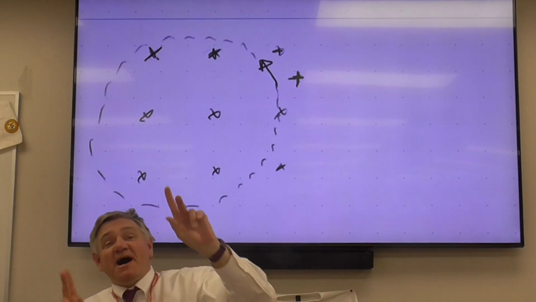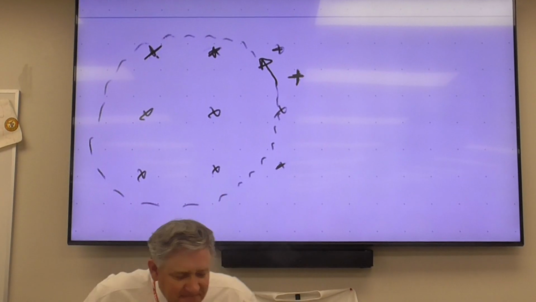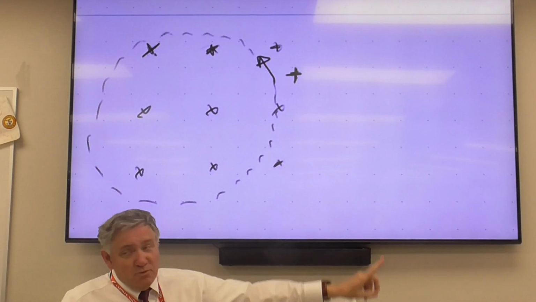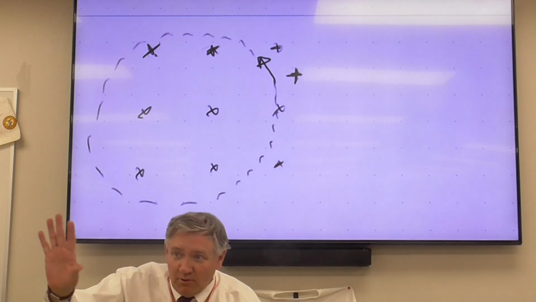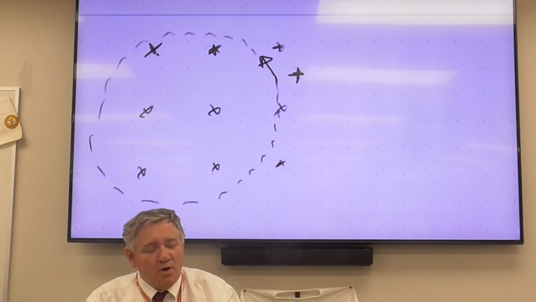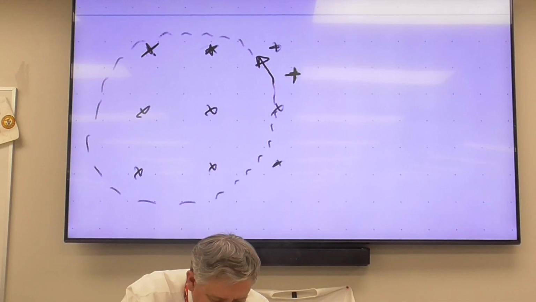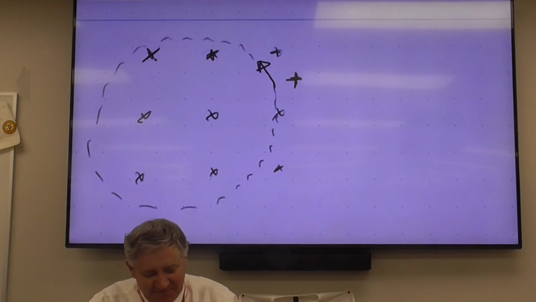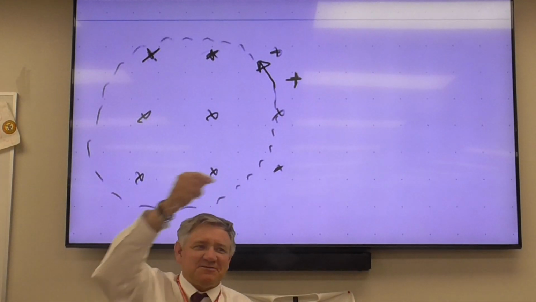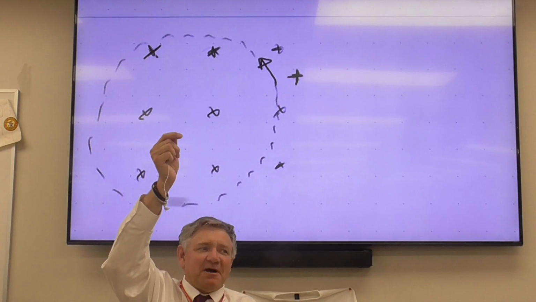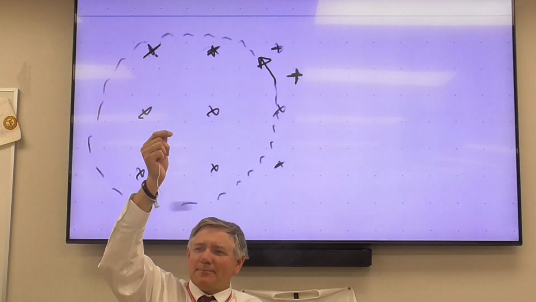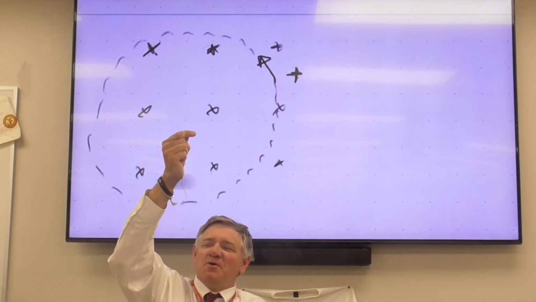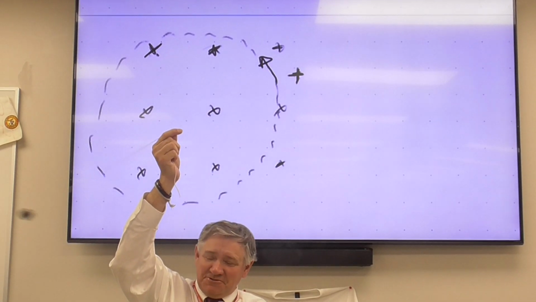So now we're going to combine ideas, okay? We're going to try and make a charged particle move in a circle. So let's go old school. Just pretend you're back in the simple days when it was just a string and a rubber stopper.